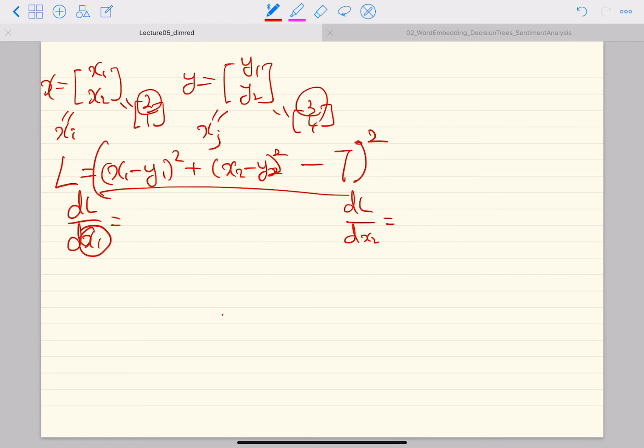Right. And then we can just compute this gradient and x1 minus y1.